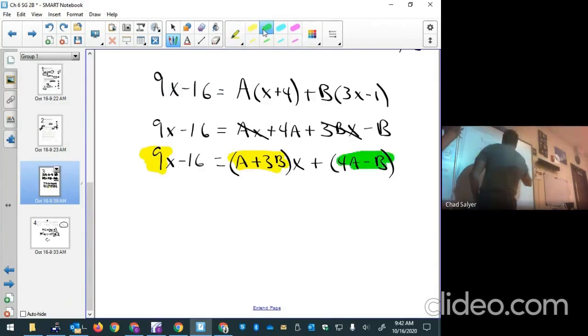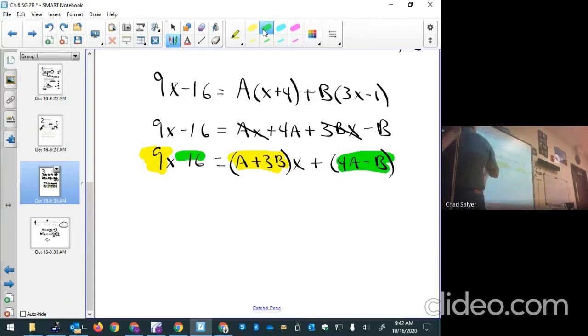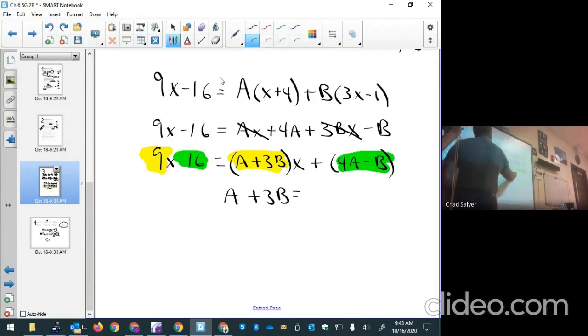And for the constant term, 4A minus B has to be negative 16, which allows us to develop a system. A plus 3B equals 9, and 4A minus B equals negative 16.